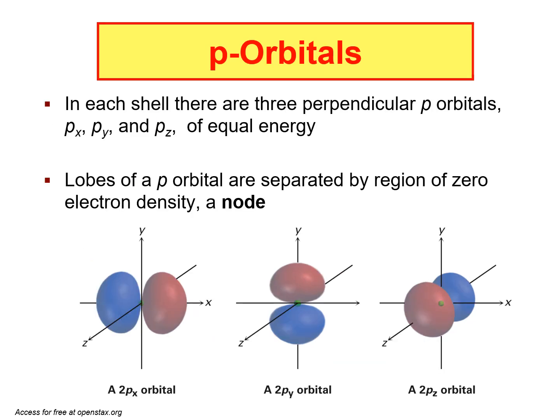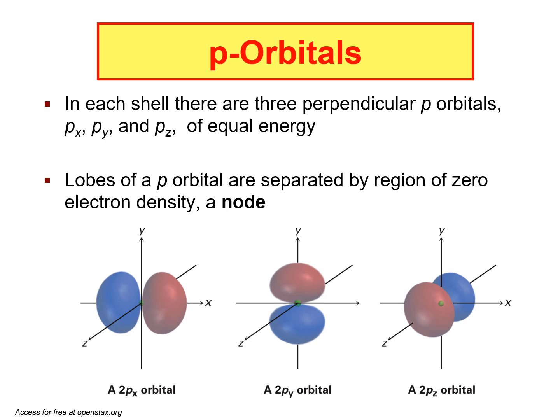Now, an s orbital is spherically symmetrical, and there is only one s orbital possible, because its orientation is the same around all three axes. However, in the p orbitals, you have three types of p orbitals, denoted as px, py, and pz.